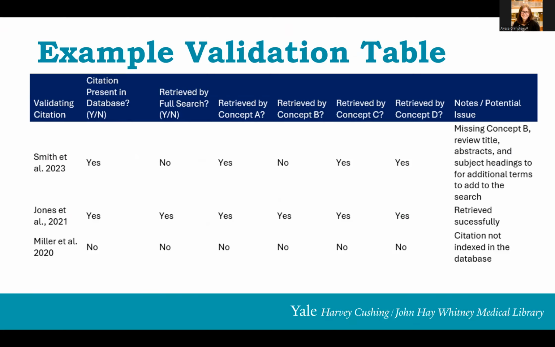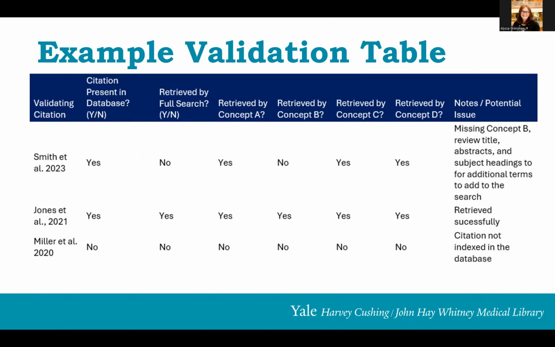Concept B might be your intervention, and so on, change those as you need. You can add additional columns if you need them. Your search may have more or less than 4 concepts, and you should add accordingly. But here, I have my validating citation, whether or not the citation was present in the database.